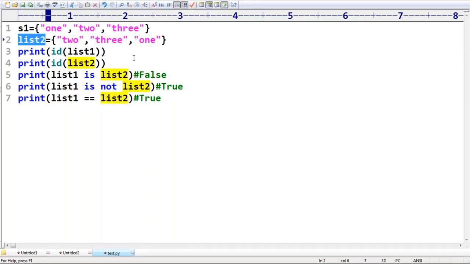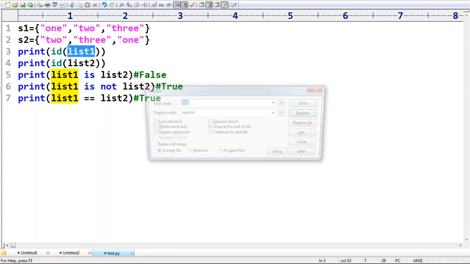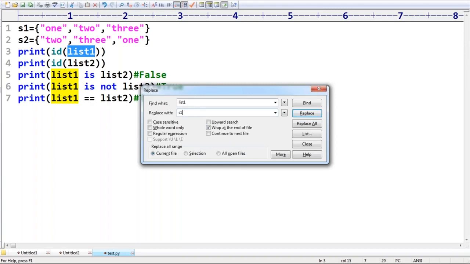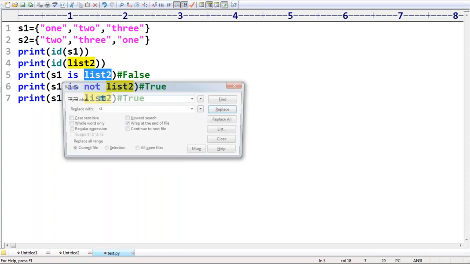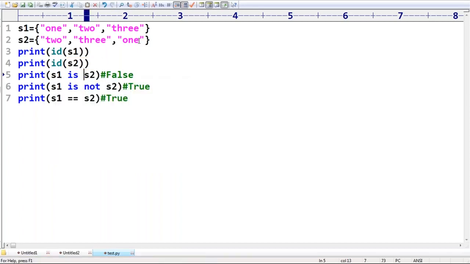Now every list 1 I have to replace with set 1, and every list 2 I have to replace with set 2. Now observe that. Can you please guide what is the answer we are going to get? I'm talking about the double equal operator. Does it return true or not?